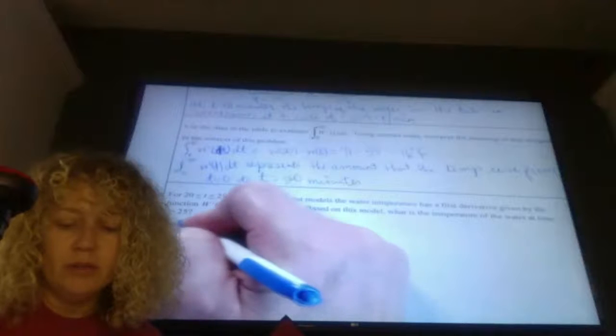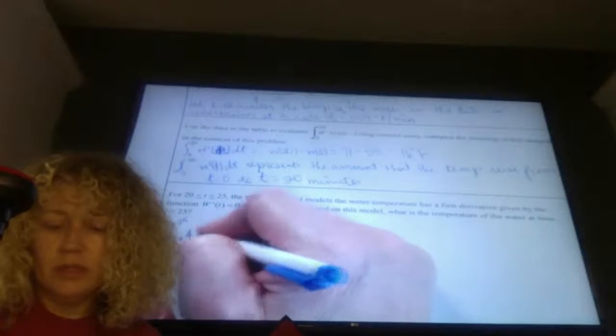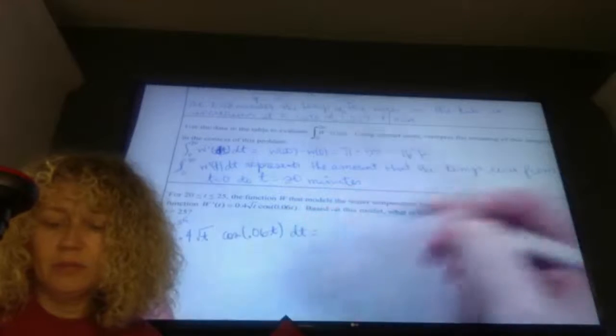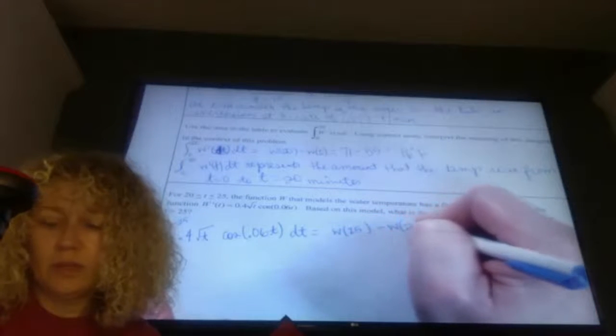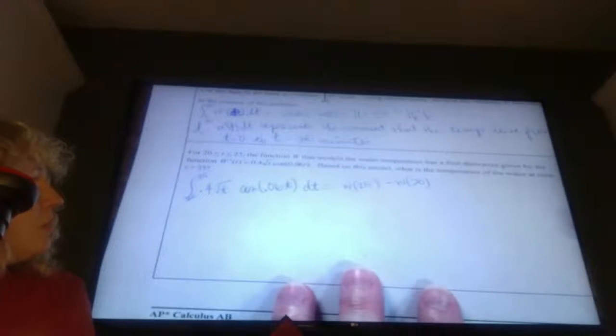Okay, so from 20 to 25, we're looking at the integral of 0.4 square root t cosine 0.06 t dt, and that would equal w of 25 minus w of 20. Okay, that's the one I don't know. That's my variable. That's the one I'm looking for.